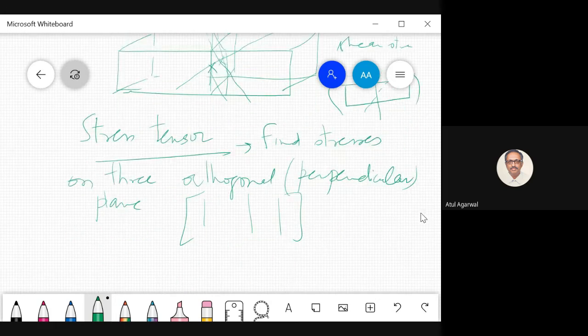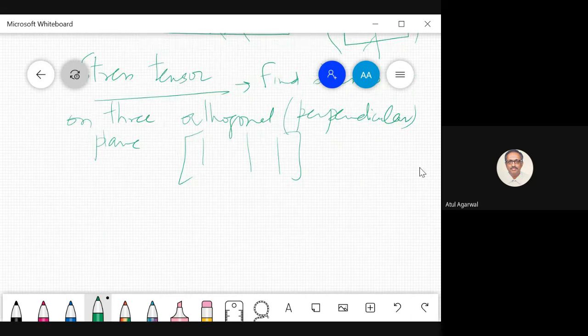Now there is a stress transformation rule, that you can find stresses on any other plane in terms of these stresses. So what is the stress transformation rule? I'll tell you.